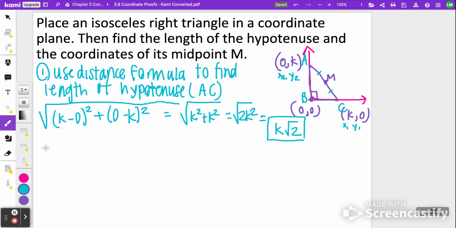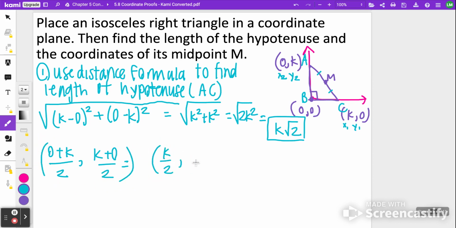So the midpoint would be the averages of the x's, so 0 plus k divided by 2, and k plus 0 divided by 2, which ends up being k over 2, comma, k over 2. So really you're just finding whatever your letter k is and dividing it by 2 for your midpoint.